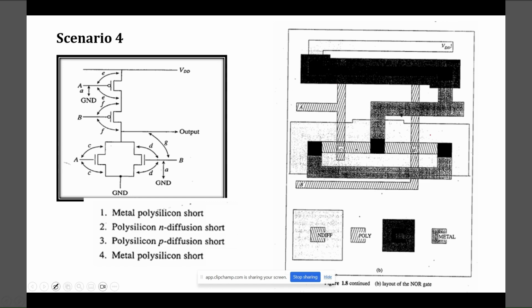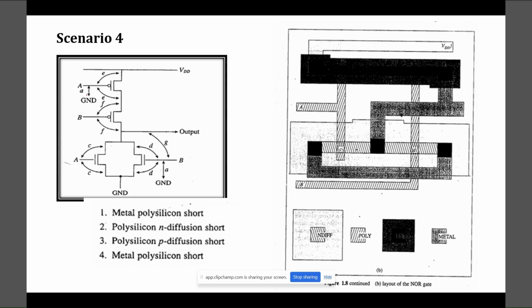Now this is the layout diagram of the given NOR circuit. These were the faults that are occurring. A is due to a metal polysilicon short. The diagram is not clear, but in the book it is visible.